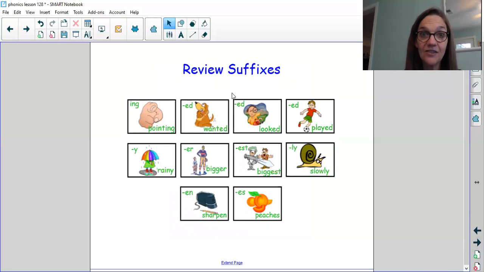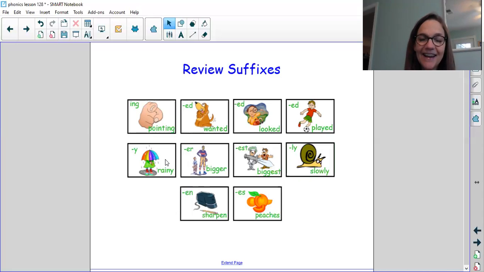Okay, suffixes are just the opposite. We know that they are letters or a group of letters that are affixed or attached to the end of a word to make a new word. Here are the suffixes that we know so far. Ing in pointing, hyphen I-N-G. Ed in wanted, hyphen E-D. T in looked, hyphen E-D. D in played, hyphen E-D.